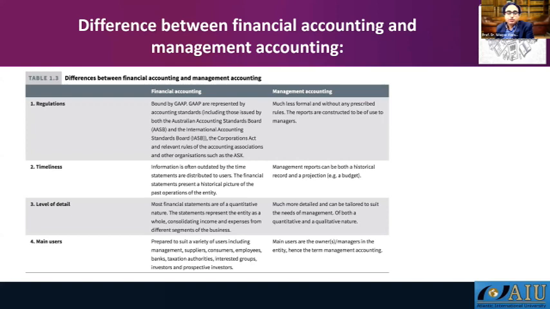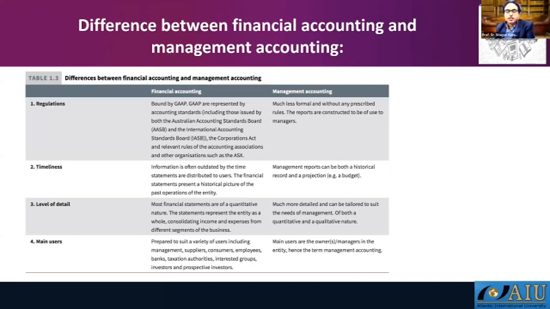And the main users of financial accounting are those who are interested, like suppliers, consumers, employees, banks, taxation authorities. They are the internal and external users. They would like to know about the financial information. And when it comes to the cost information, how much is the expenditure of the company during the fiscal year?